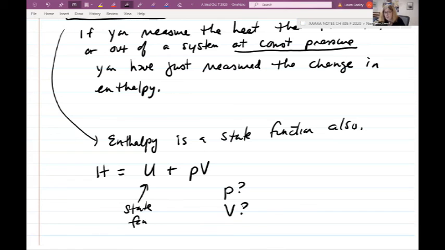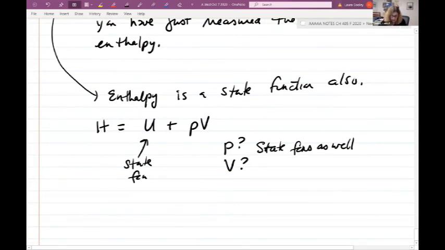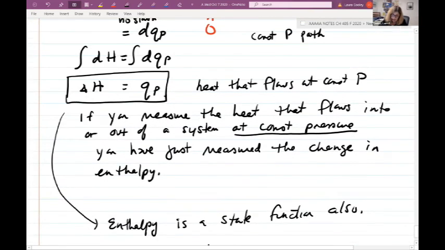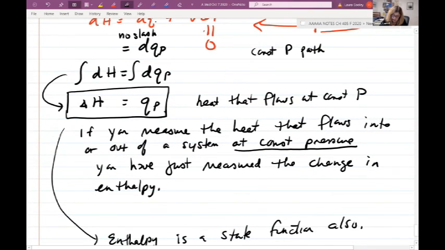And the same is true for the volume. So these are state functions as well. So enthalpy is also a state function. So that's how I was able to integrate dH to get delta H, because enthalpy is a state function, and H2 minus H1, or delta H, is always the integral of dH.